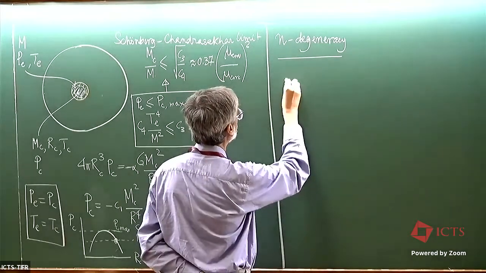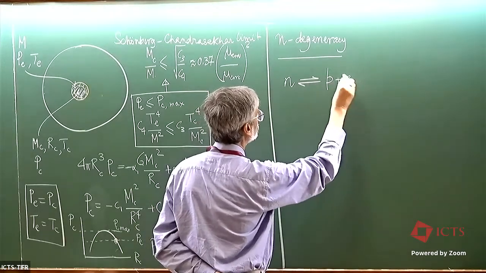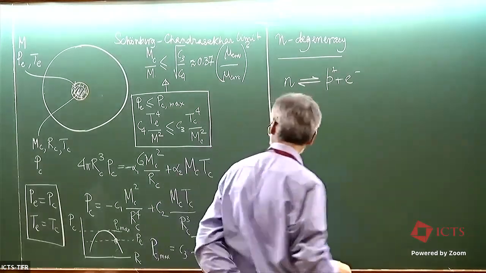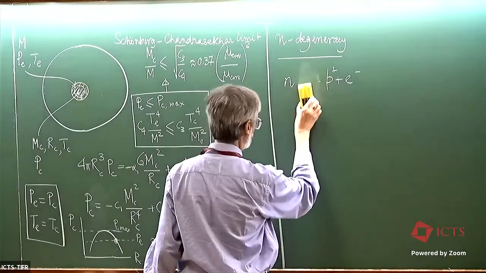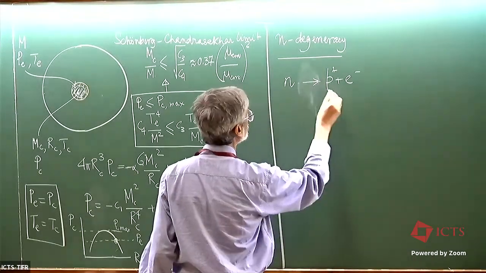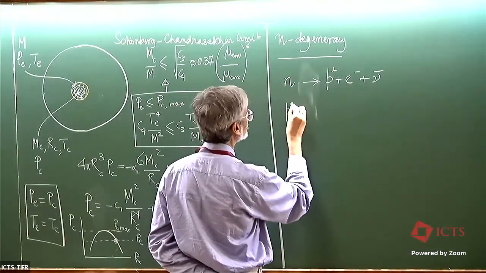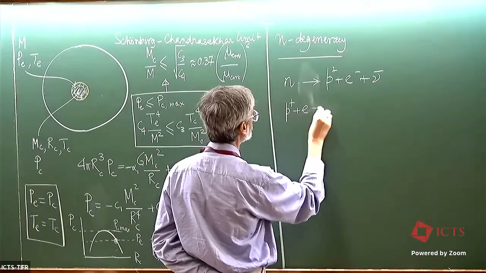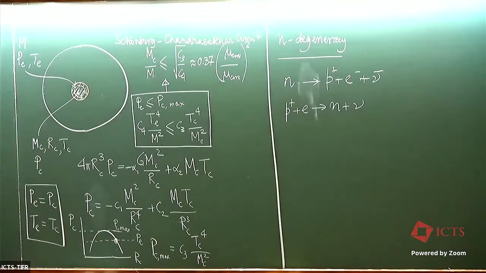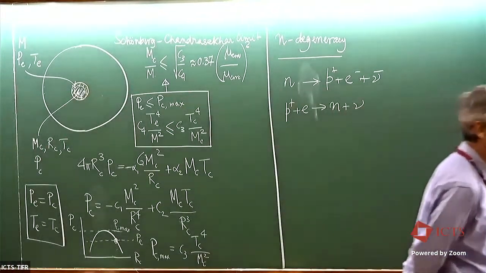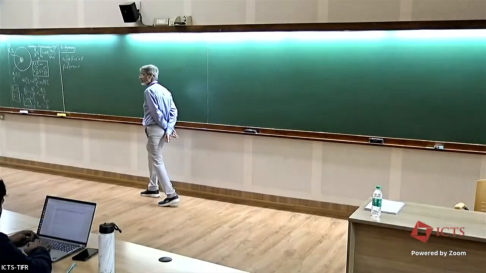So you have neutron going to proton plus electron. Actually, I will write this. So these reactions, both reactions can occur.